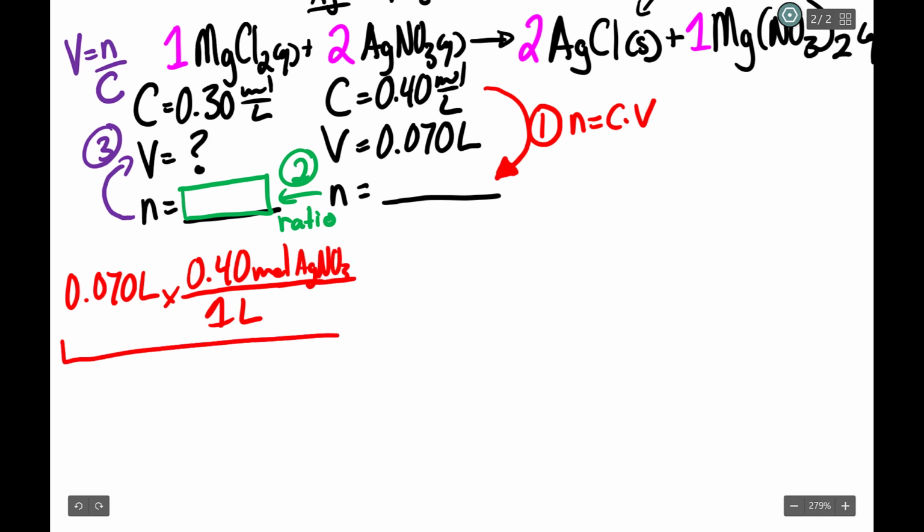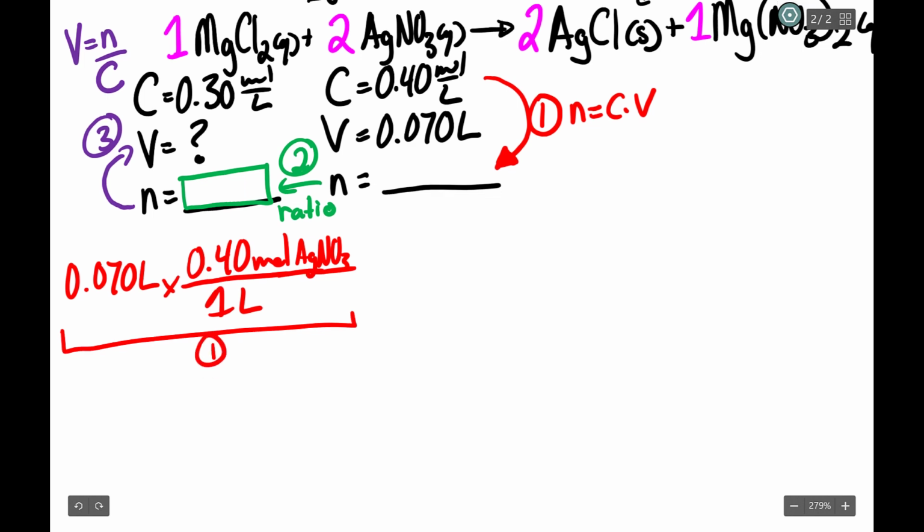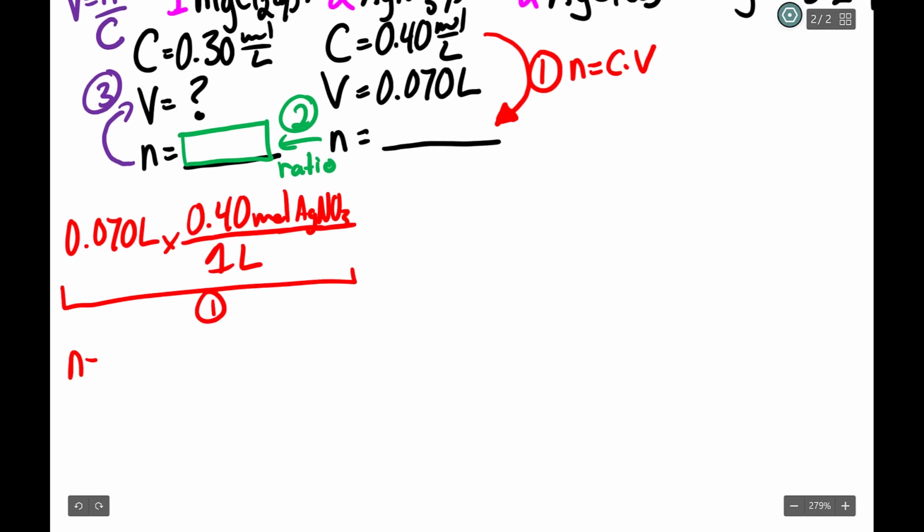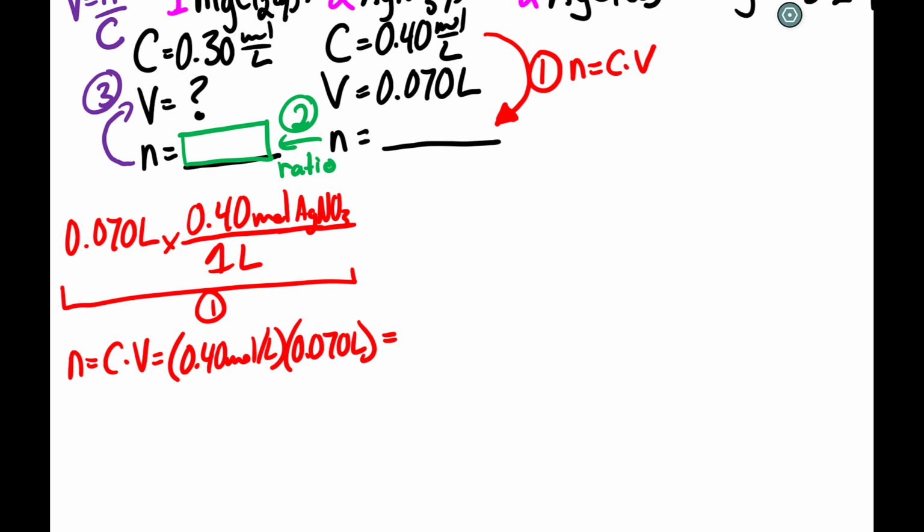Now this is step number 1. It's the same as saying n is equal to C times V, which is going to be 0.40 moles per liter times 0.070 liters. So 0.4 times 0.07 is 0.028 moles of AgNO3.